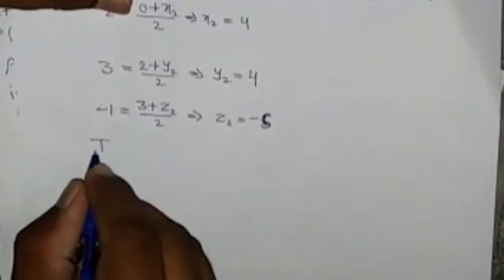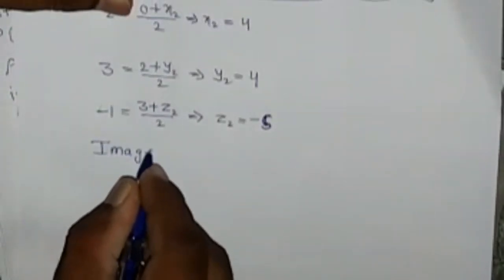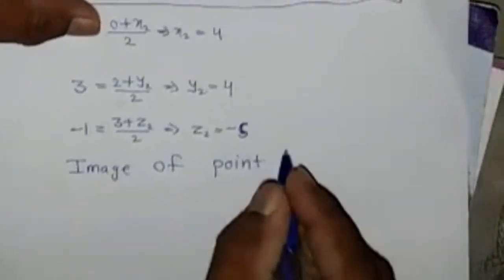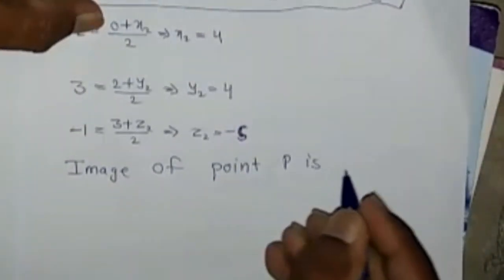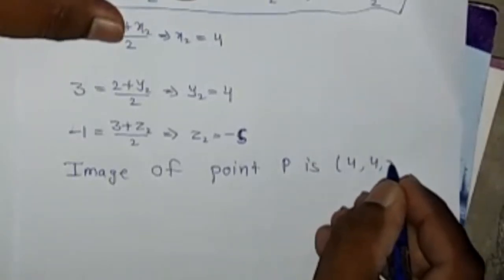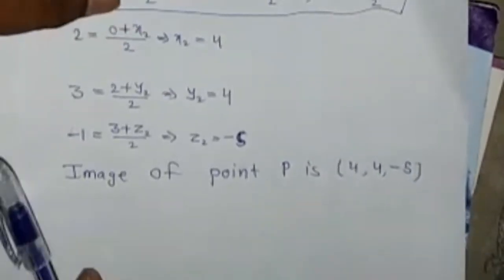Then the image of point P is (4, 4, minus 5), which is the answer.